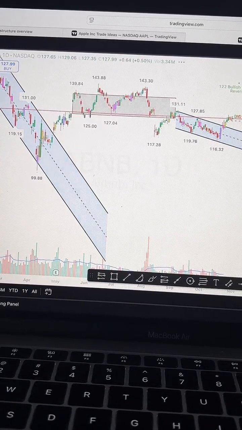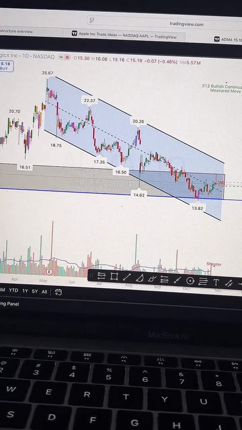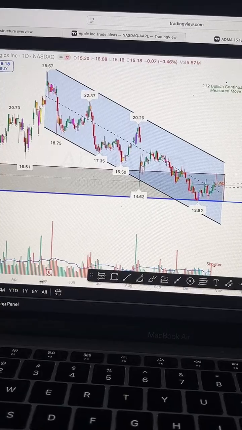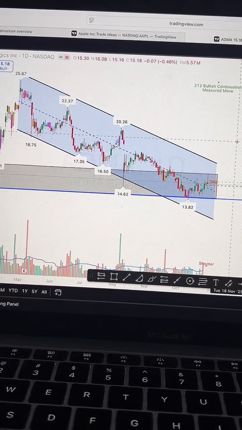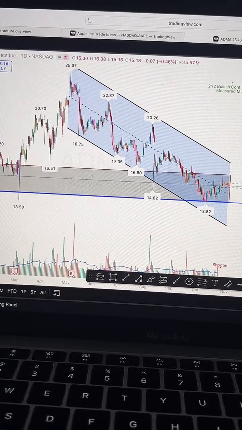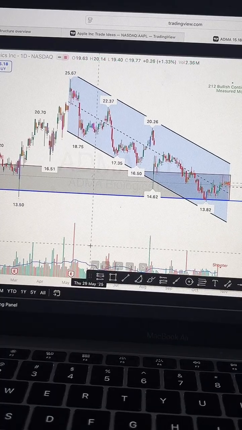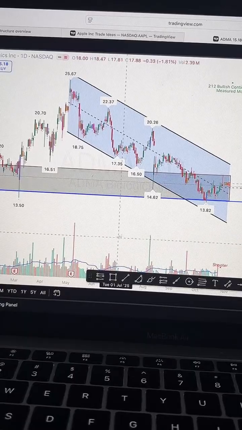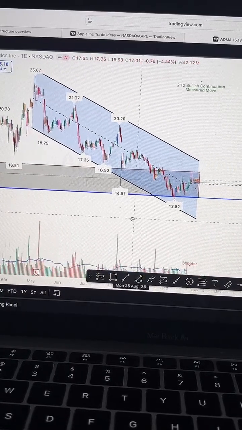Okay, I'm just going through my list. This already had it drawn on there. This is ADMA, a biotech stock, which I'm actually looking to get into long term. I have been studying this stock. It's in a downtrend, as you can see.